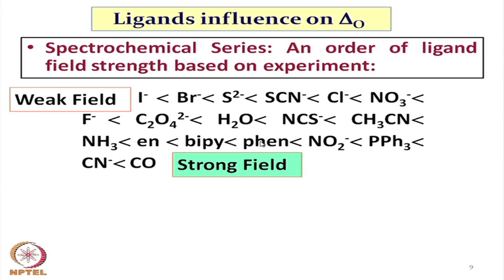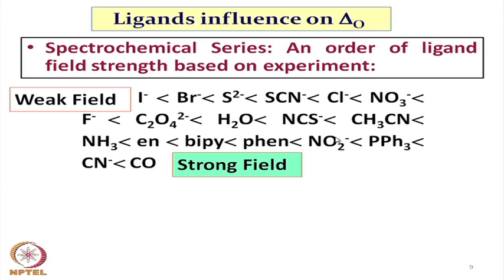Then orthophenanthrene which is still stronger than bipyridyl, then nitrite, then triphenyl phosphine which is a very big ligand and a monodentate one also, but a very strong field ligand. Then there is a neutral one like carbon monoxide, which is higher than our nitrite, and then we have the cyanide and carbon monoxide.